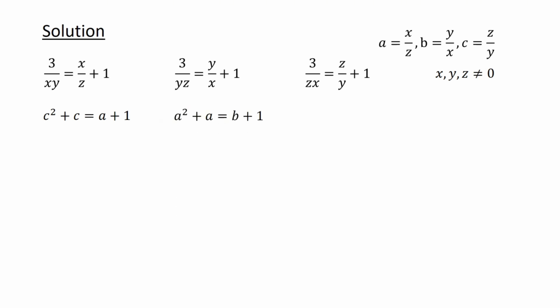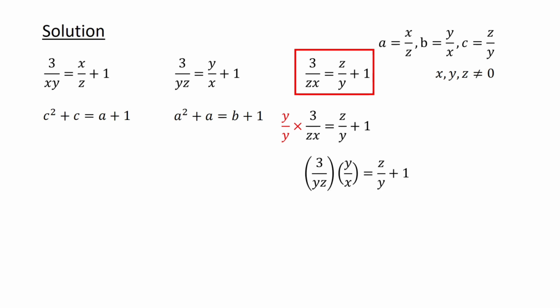Similarly, for the equation 3 over zx equals z over y plus 1, we multiply the numerator and denominator of the left hand side by y. We then write the equation as 3 over yz times y over x equals z over y plus 1.